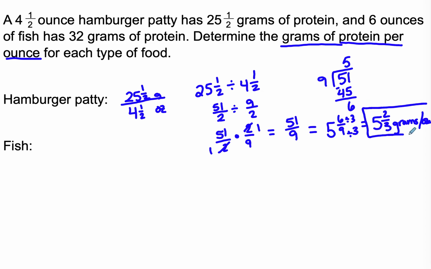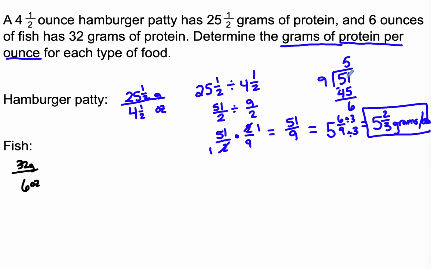Okay, go ahead and pause the video and try fish on your own. All right, let's check your answer. So we have 32 grams of protein for the fish. 32 grams, and then we have 6 ounces. This one we don't have to worry about all of our fraction division.